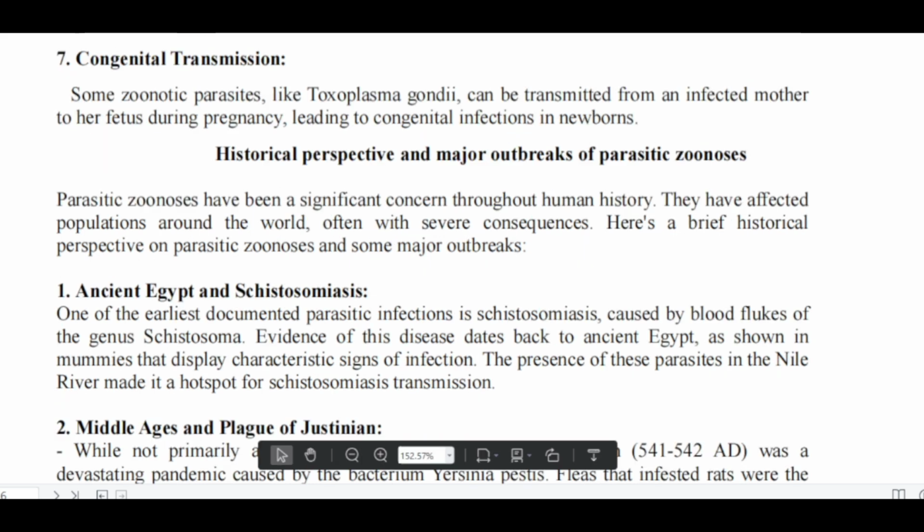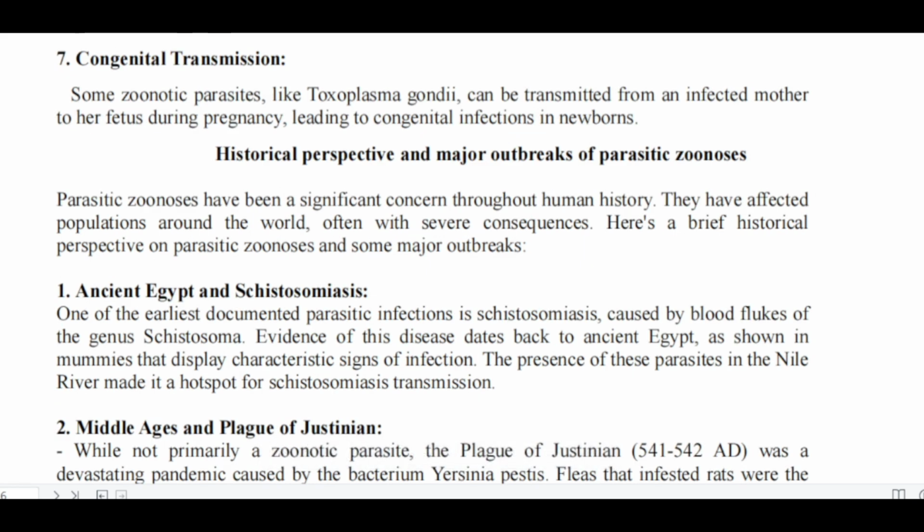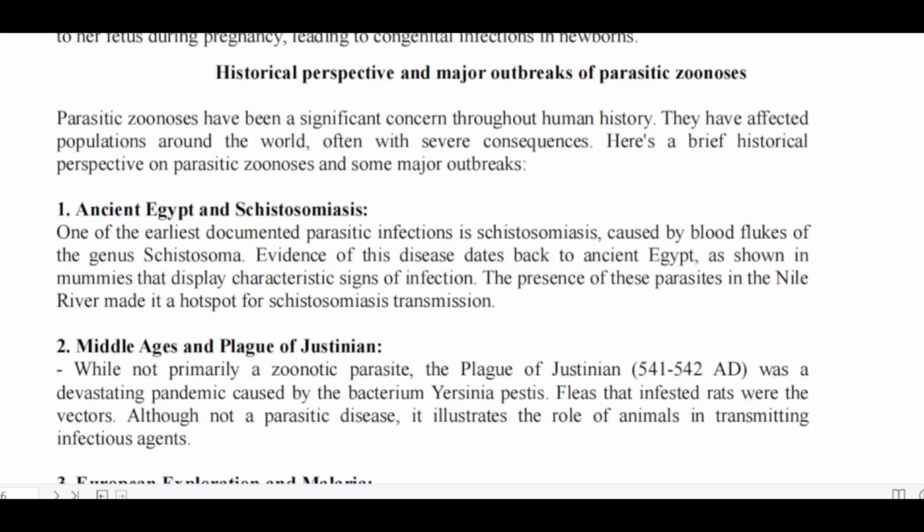Number one, you have ancient Egypt and schistosomiasis. One of the earliest documented parasitic infections is schistosomiasis, and you imagine it still persists in this our country. It was one of the earliest discovered parasitic diseases, caused by blood flukes of the genus Schistosoma.